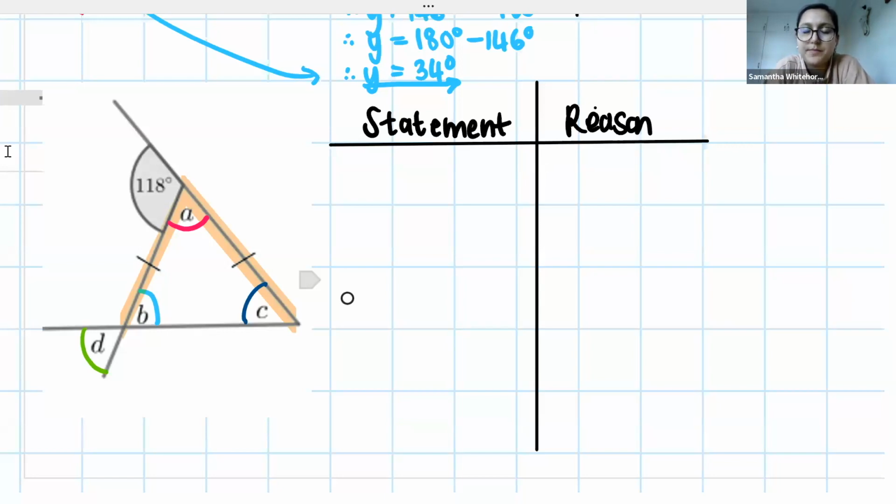Think about the 4 reasons that we had a look at earlier and that we've been doing the past 3 weeks.